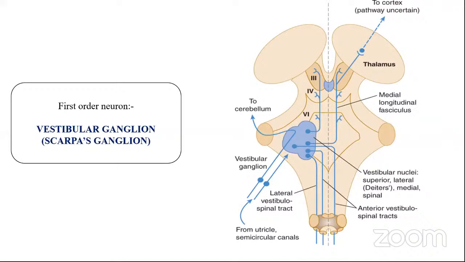From the utricle and semicircular canals, the impulses reach the vestibular nuclei, and from here they go to the cerebellum. There are connections of the vestibular nuclei to the cerebellum, the vestibulocerebellar tract.